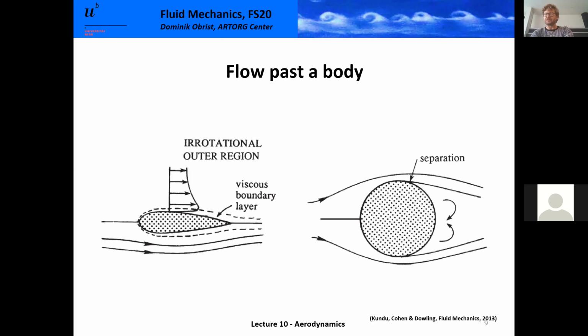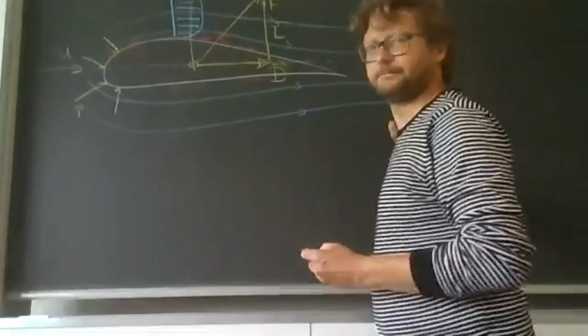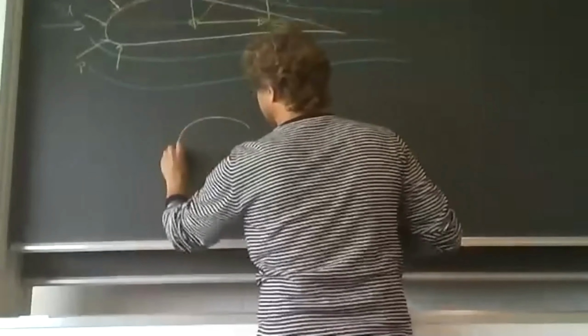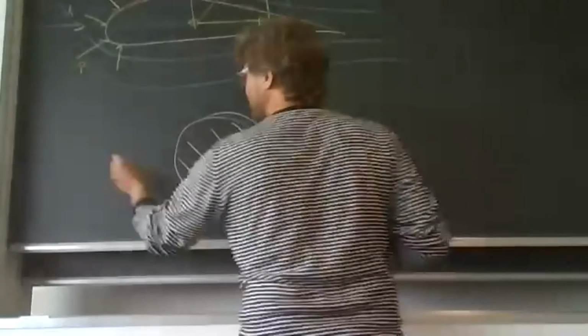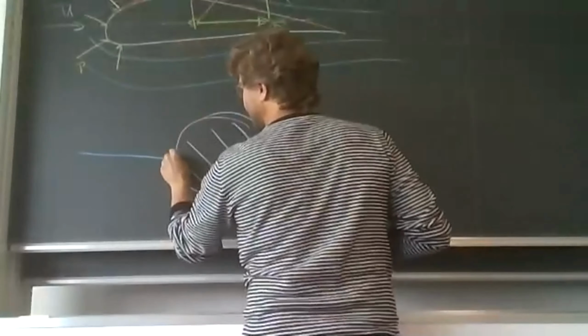So maybe let me draw this on the blackboard again. So we do have our cylinder here, and we have our oncoming streamline, the one in the center, creating a stagnation point, and some other streamlines going around, and so on.